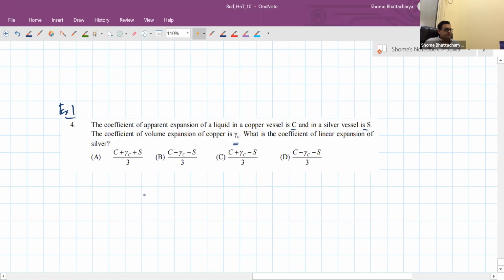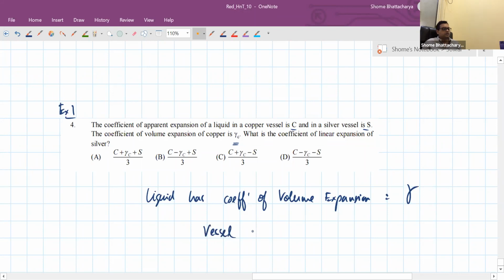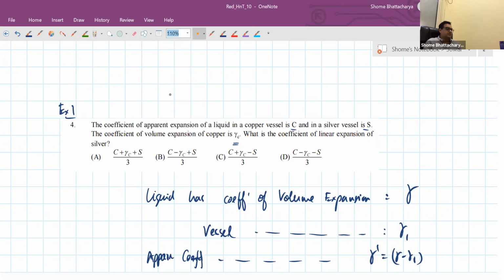So basically, you know that if a liquid has coefficient of volume expansion of, let us say, some gamma, and it is in a vessel which has coefficient of volume expansion of gamma 1, then apparent coefficient of volume expansion becomes gamma minus gamma 1, right? This is pretty easy to understand.